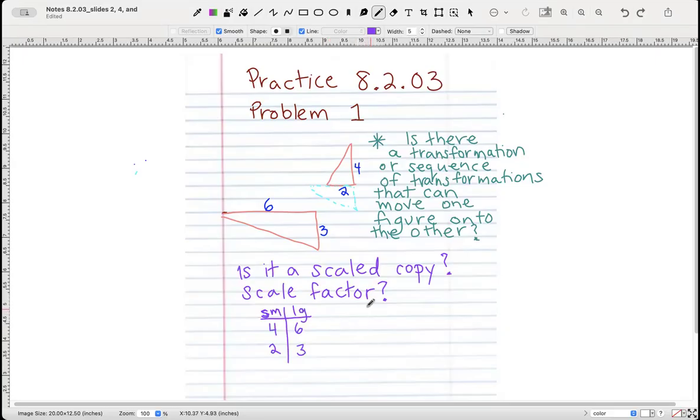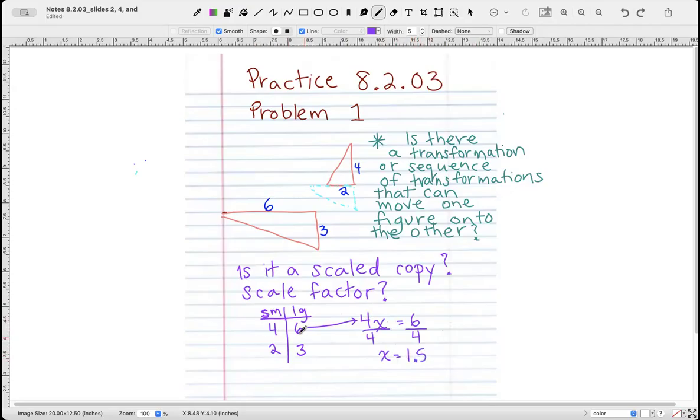So a scale factor basically is saying, do we have 4 times something equals 6? So you can write that as 4x equals 6. We were kind of talking about that on our warm-ups today and yesterday. So in order to figure out what that is, we would divide, just like we did before. If you do 6 divided by 4 in a calculator, you end up with 1.5.